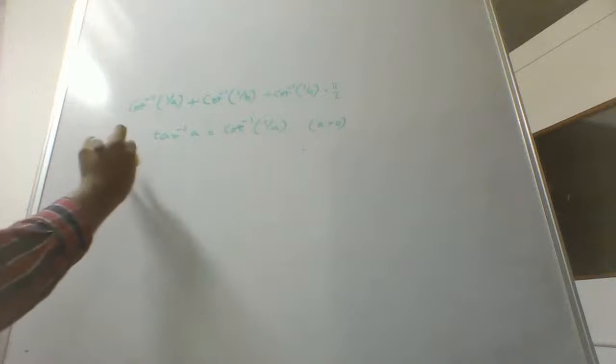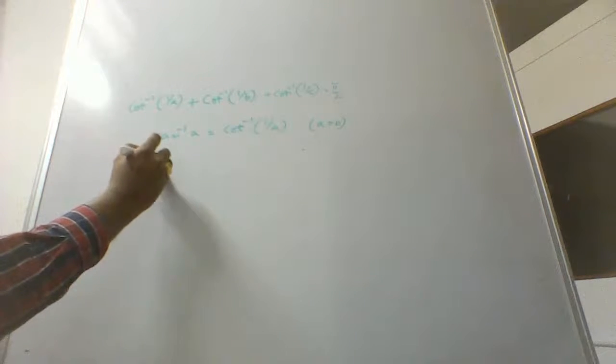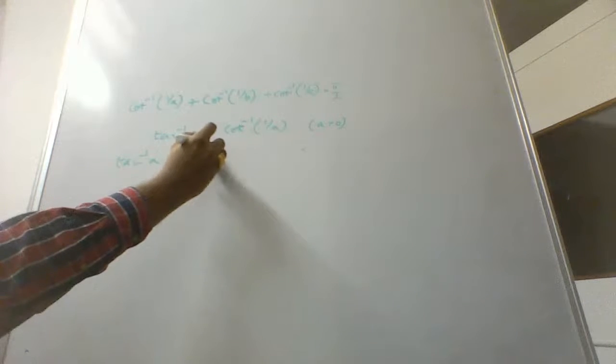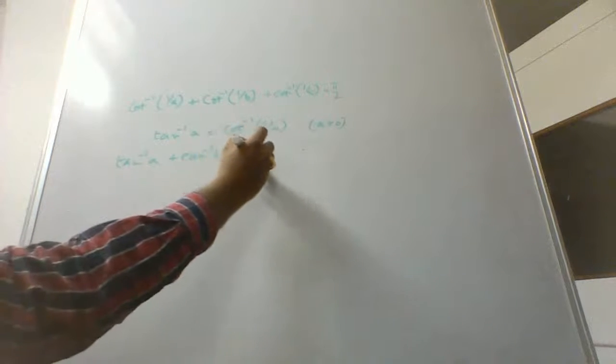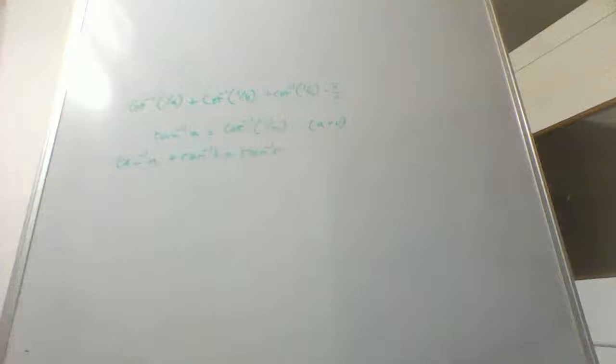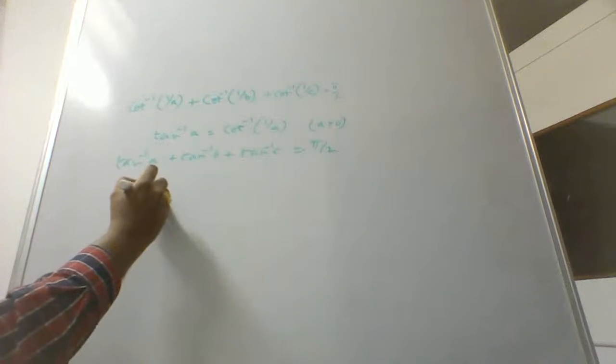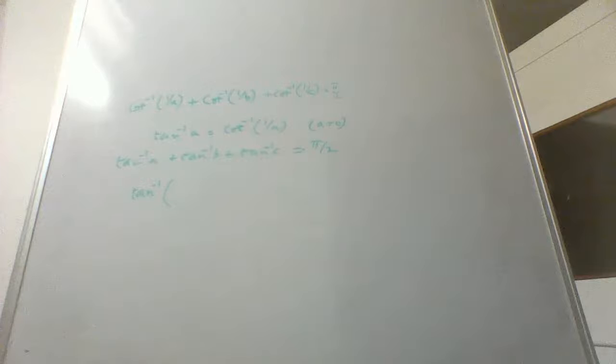Now if you have tan inverse a plus tan inverse b plus tan inverse c, which results to pi by 2. Now, we have the formula for this.